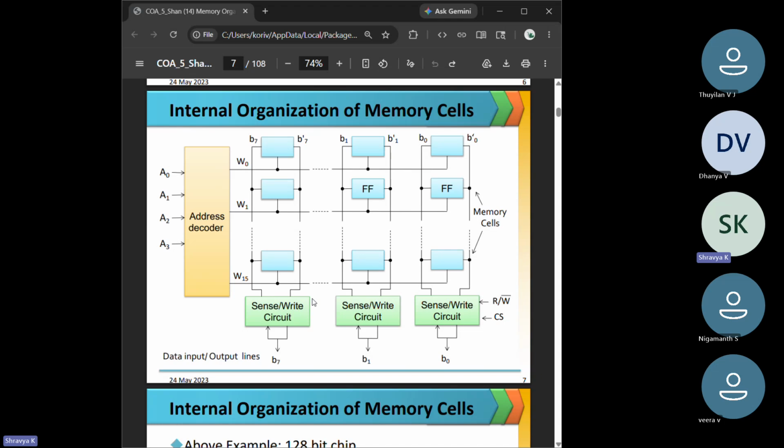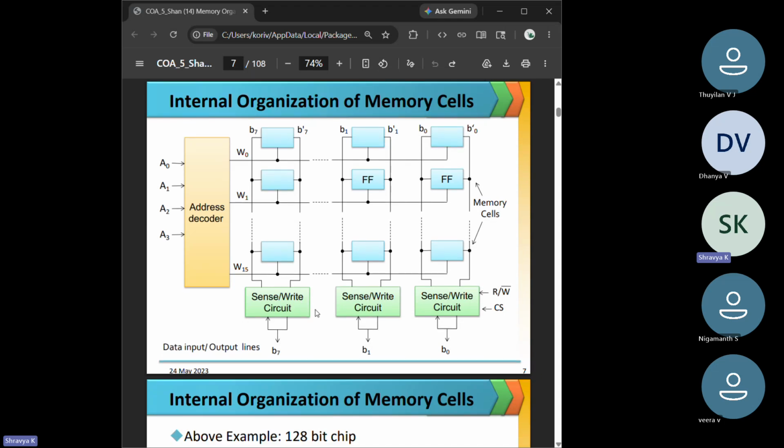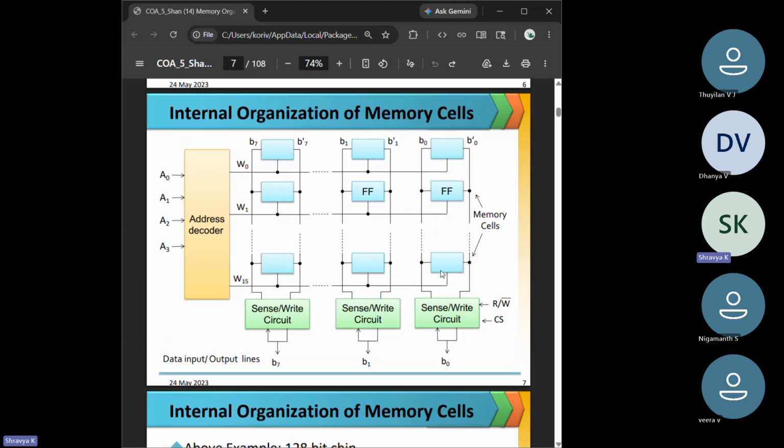And you have sense-write circuits over here that are connected to each of the words, right? And you can see B7 and B complement 7. This is just an optimization, not that important a detail, but while drawing the diagram you may want to remember it. It helps the sense-write circuit pick up the signal more easily.